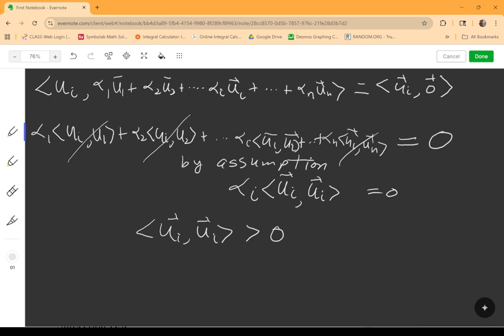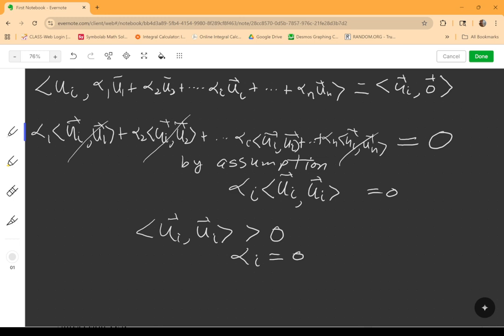So I've got to be more rigorous here with labeling my vectors. So that's strictly greater than 0, so the only way that happens is when alpha i is 0.